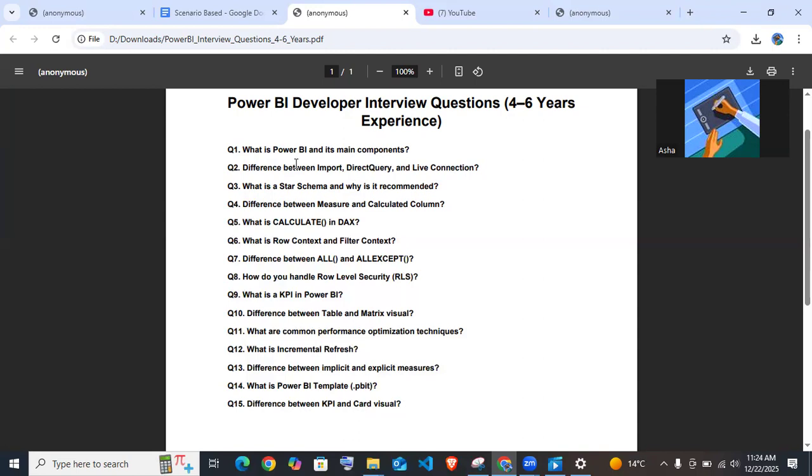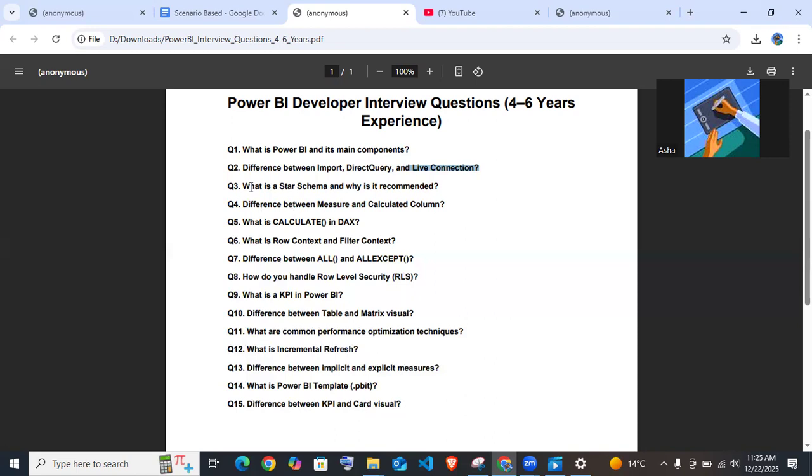This gives real-time data, meaning when we hit refresh, in direct query mode it will run in the source, for example if you are using Oracle or SQL. Live connection connects with SSAS or a dataset. This is the centralized model, meaning in live connection, we cannot create or modify any relationship or cardinality in Power BI. So that is the difference between these three.